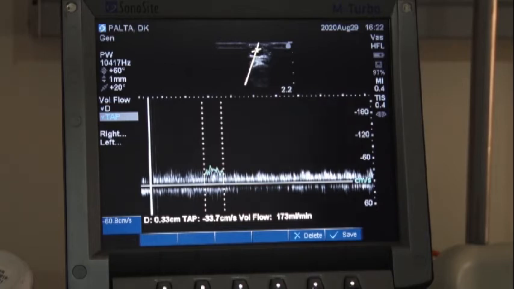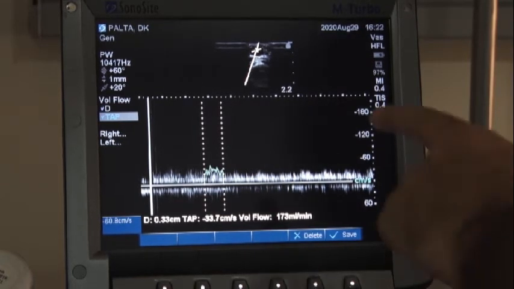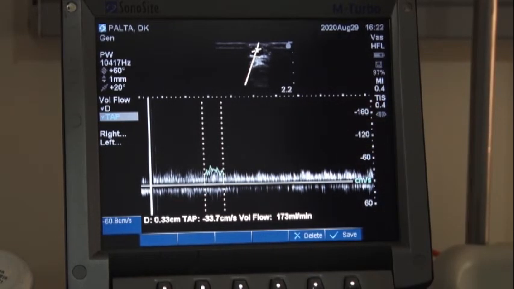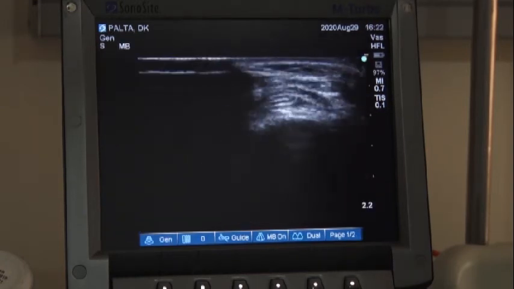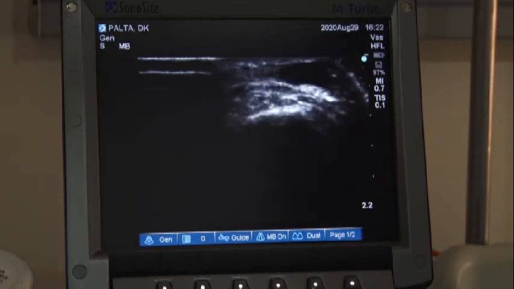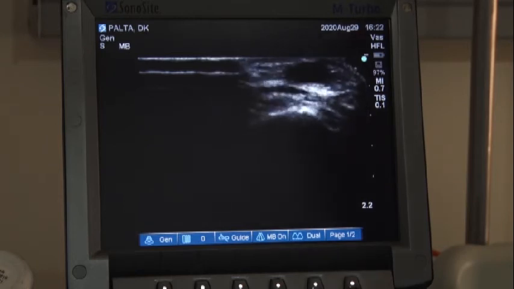It's not that good a flow, but as we saw, the cause for this problem is, again I will show you, at the site of the fistula, see the peak systolic velocity.